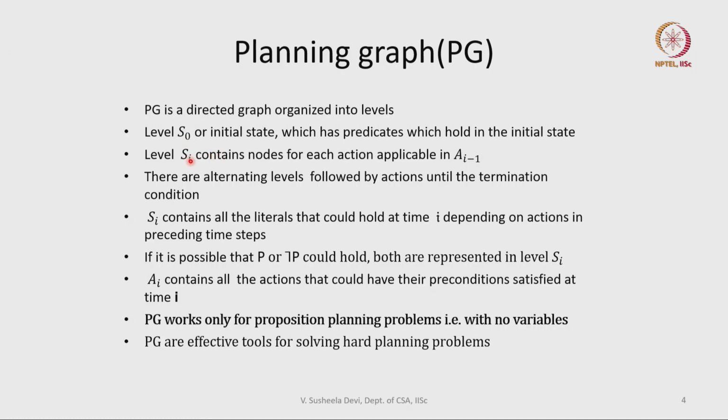Okay. So every level Si contains nodes for each action that is applicable in Ai minus 1 to state Si minus 1, right? So you get alternative levels. So you'll get a state and action, state and action. So you'll get level 0, level 1, level 2, etc. till you reach some type of a termination condition.